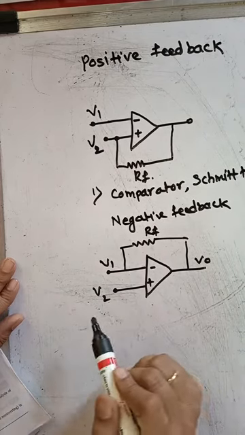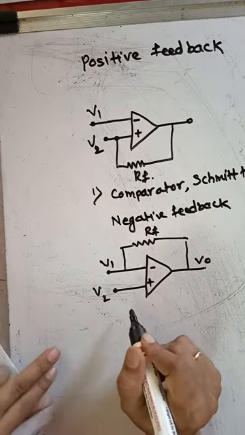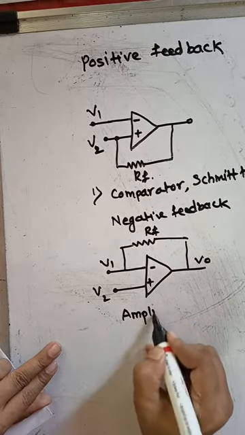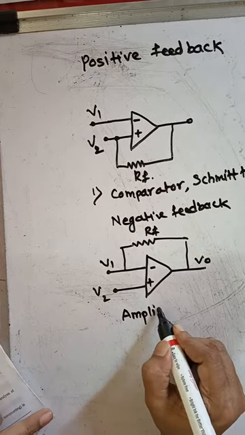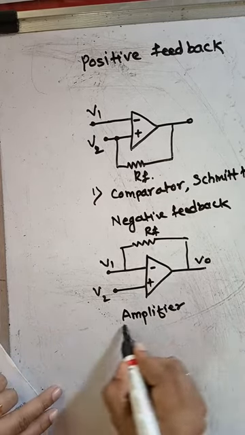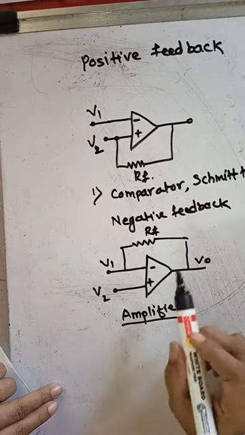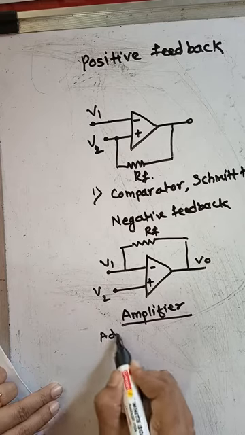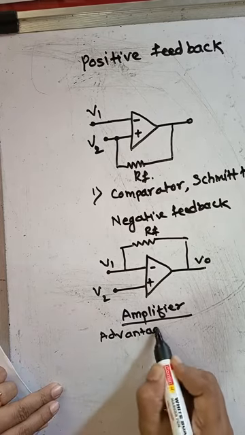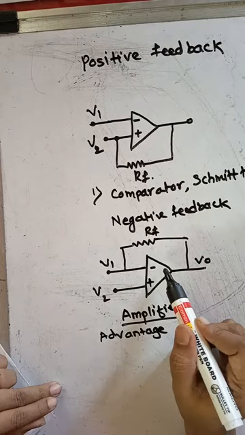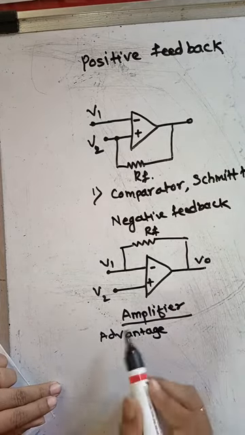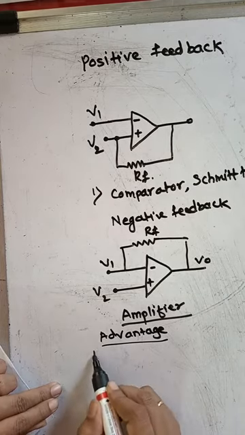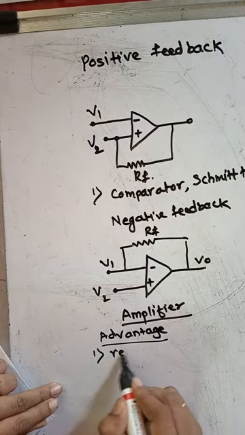Normally for a lot of applications we use negative feedback, basically for amplification purpose, whenever we are using the operational amplifier as an amplifier. So what are the advantages of negative feedback? If we compare negative feedback over positive feedback, negative feedback gives a lot of advantages. Firstly, it reduces the distortion.